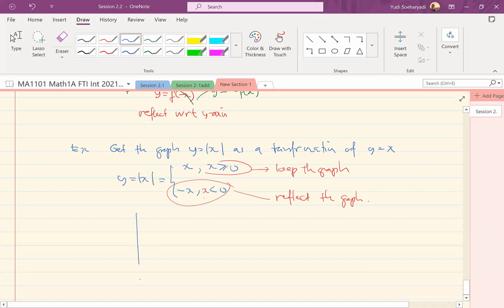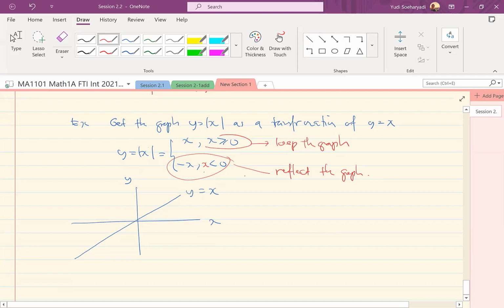Okay, so we start with y equals x. What this tells you is that for x positive, to the right, you keep the graph. So we keep this one. And to the left, you reflect this graph. When you reflect, this is what you get. So this is how you get the graph of the absolute value.